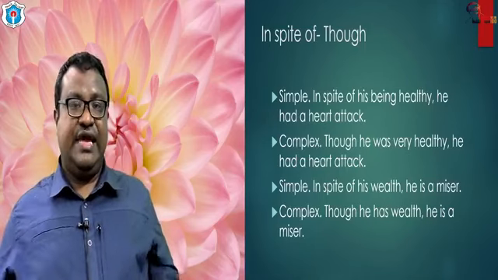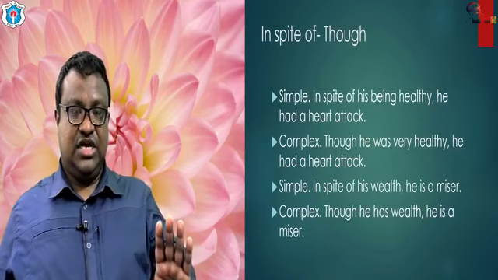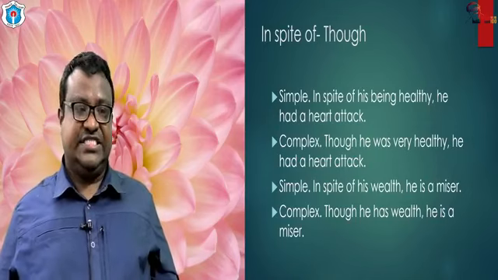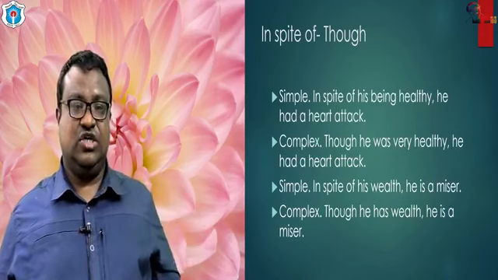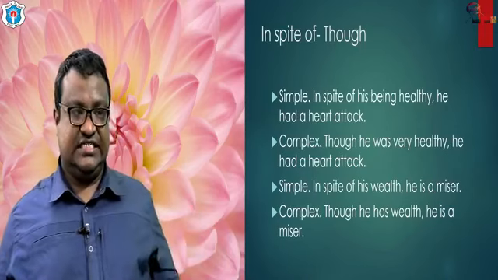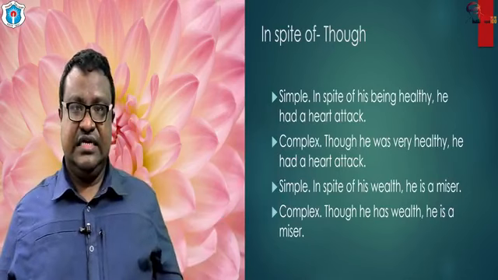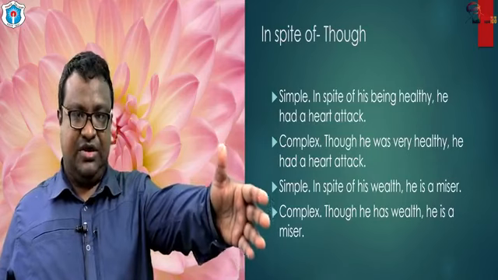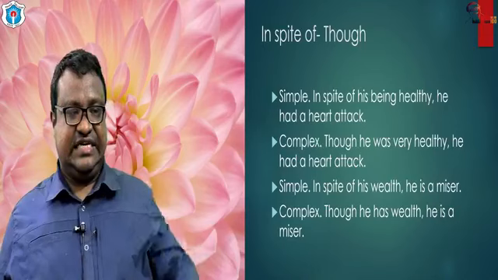So we will ensure that the principal part will be unchanged, that is, he had a heart attack. This is the principal clause. This part will be unchanged. All the techniques will be applied in this part, which will become the subordinate clause in the complex sentence.